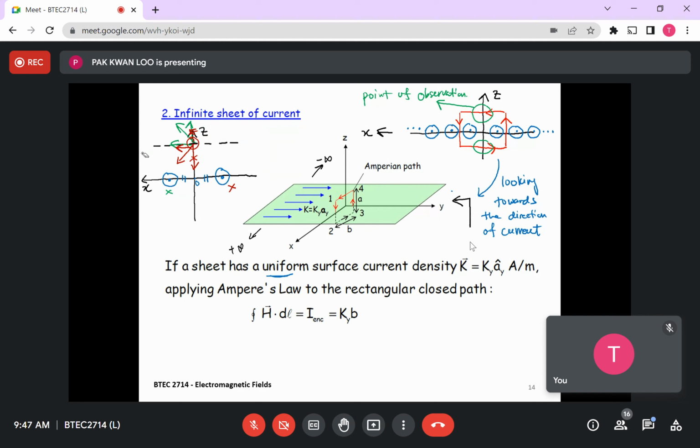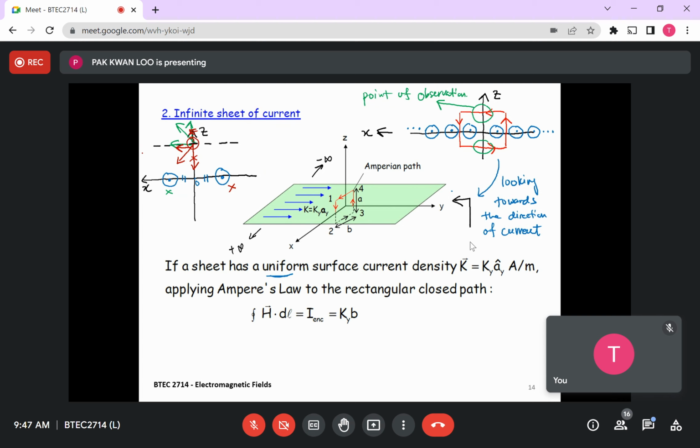So of course there's some kind of a flaw in our argument. But when we want to apply Ampere's law, we will make sure that it is only applicable where it is not at the edge of the surface current.